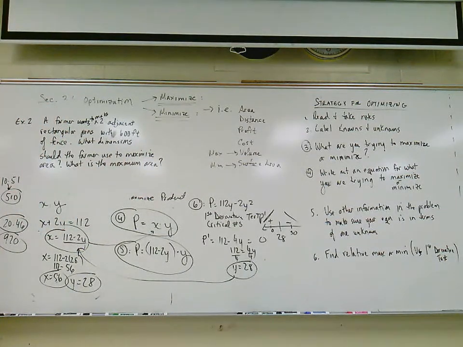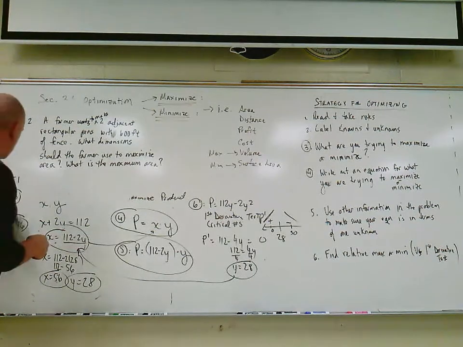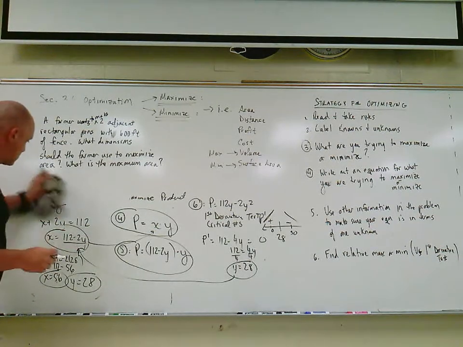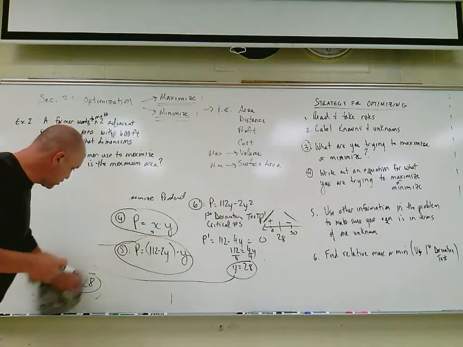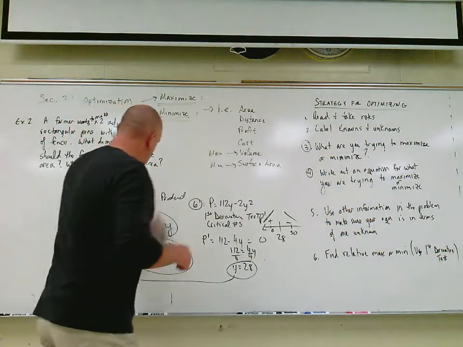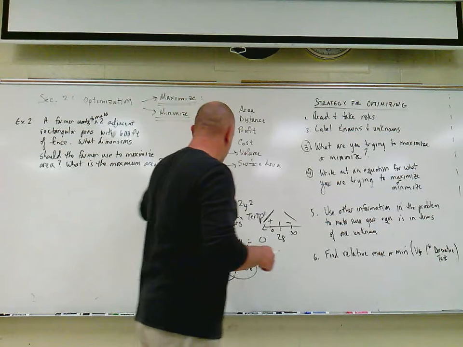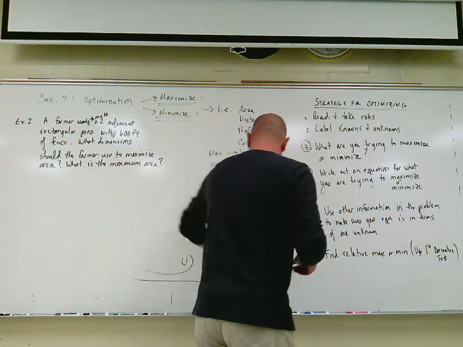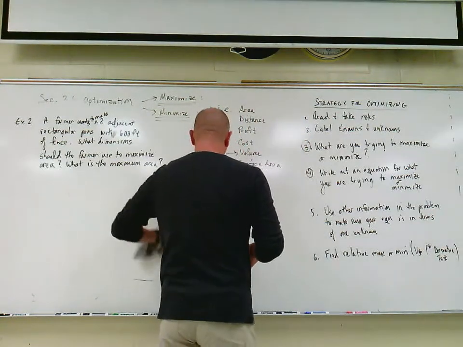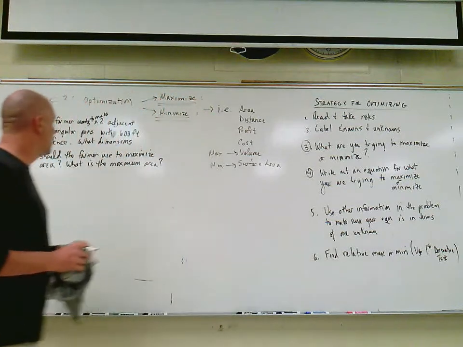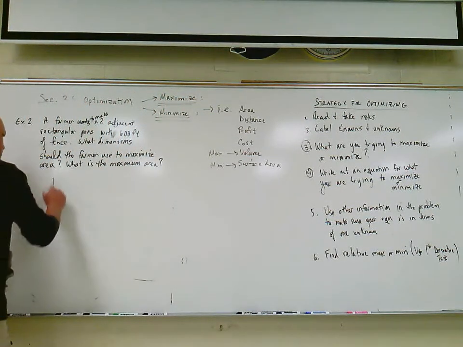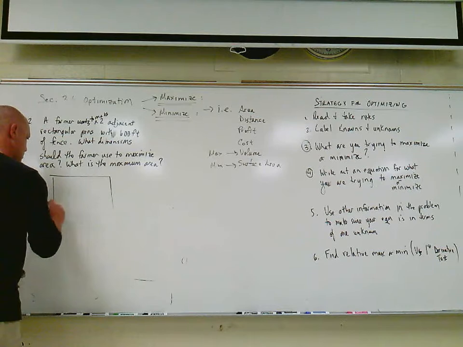Makes sense that the farmer probably wants to maximize area. Probably he or she is putting maybe something kind of cattle or chickens or pigs or something in there. So here we go. So now you can see it is clear what we're trying to maximize or minimize. Now I'll give you the drawing for this because sometimes it's hard to understand.